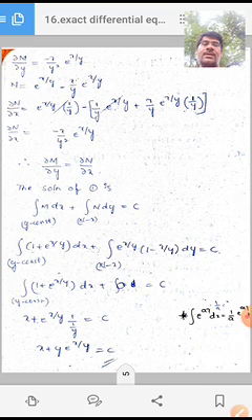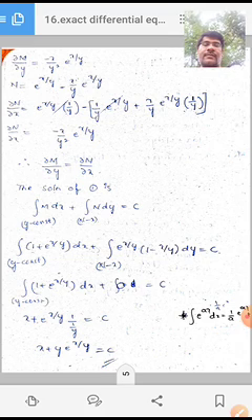Here ∂M/∂y is equal to ∂N/∂x. The solution is the integration of M dx + N dy = c, where y is constant. Integrating (1 + e^(x/y)) dx, the terms in N that involve x go to 0.